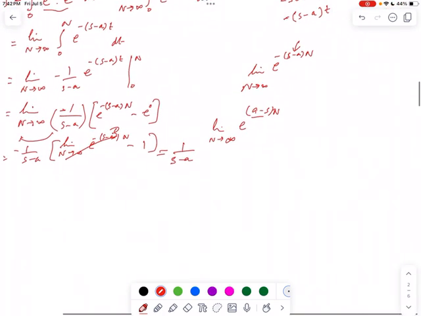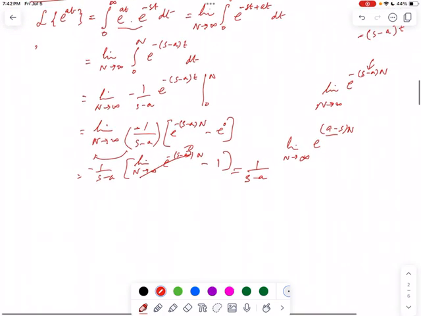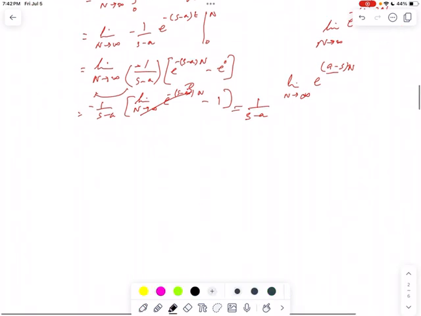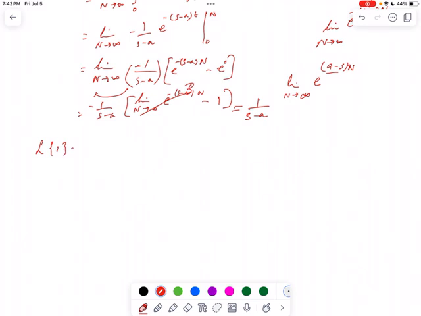So this means that the Laplace transform of e to the at is 1 over s minus a. So what does that mean? Previously remember we did that the Laplace transform of 1 is 1 over s.